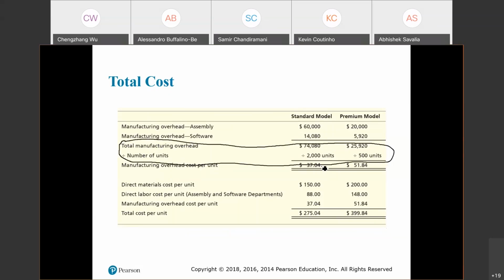And we use this information to calculate the total cost per unit, with the manufacturing overhead cost per unit right here. So direct materials and direct labor can be easily traced, plus the manufacturing overhead cost per unit.